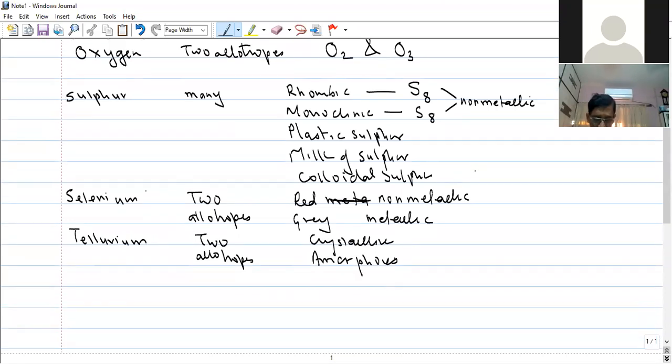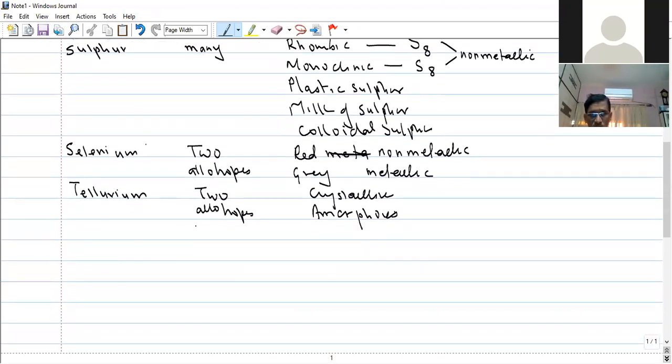Polonium, being radioactive, has two allotropes, one is alpha and the second one is beta.